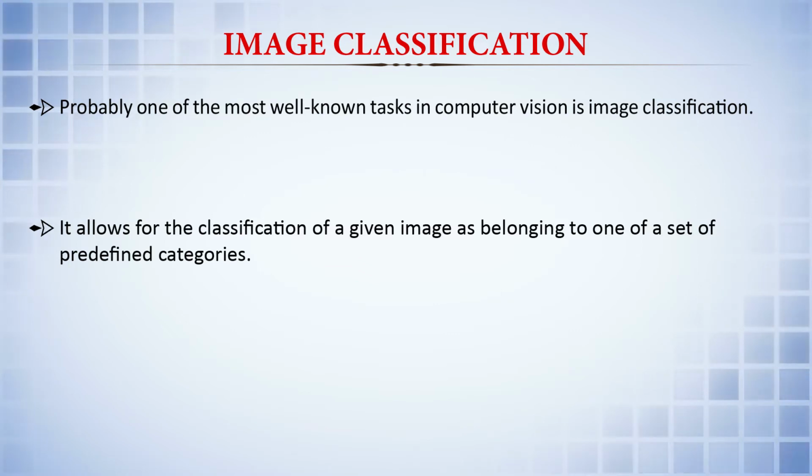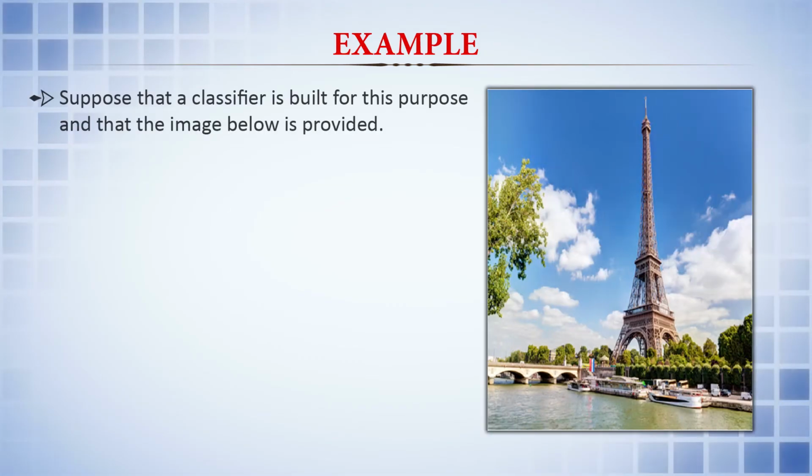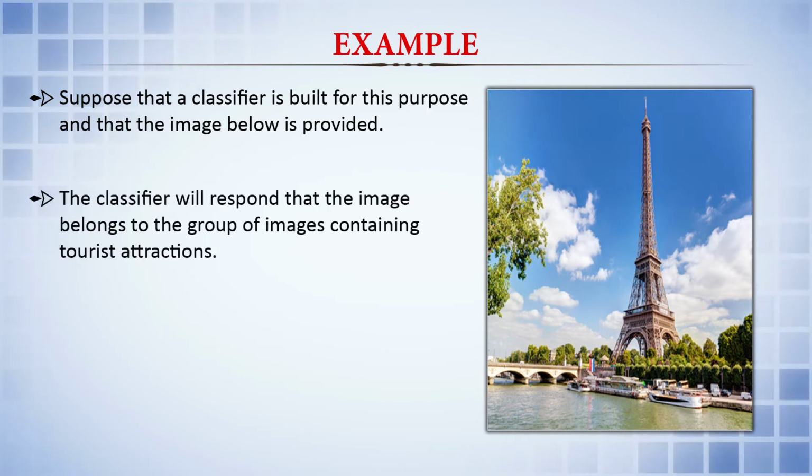Another example, let us take a simple binary example. We want to categorize images according to whether they contain a tourist attraction or not. Suppose, in this particular example of the Eiffel Tower, a classifier is built for this purpose and the image is provided. You can see on the right hand side I have provided the image. The classifier will respond that the image belongs to the group of images containing tourist attractions.